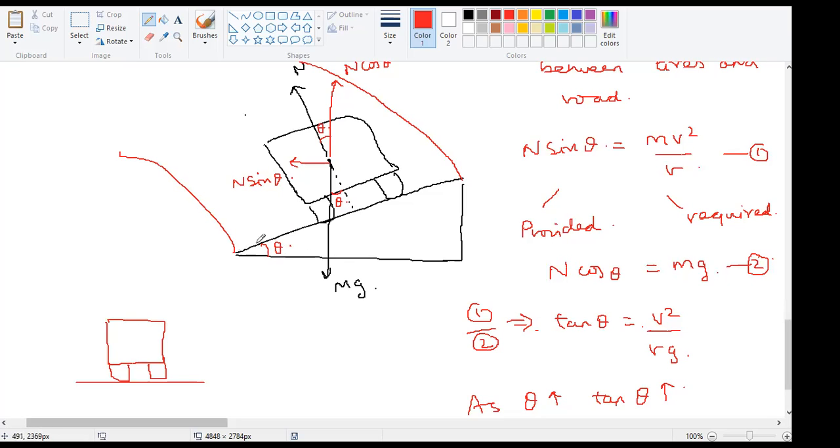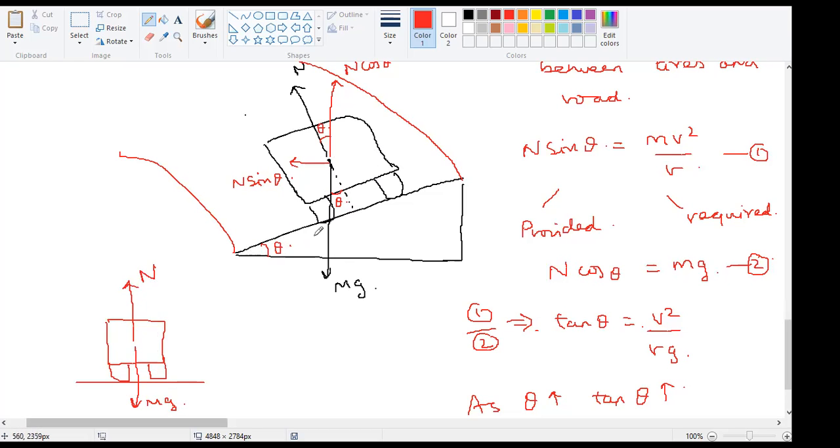Yes, because of this angle, the vehicle is experiencing a normal reaction, not like this. Very important understanding. None of your textbook is going to give you this understanding, so take it down properly. Sir, sine 0 is nothing but 0. So n sine theta is nothing but 0. So mg weight is acting downwards, normal reaction is perfectly vertical.